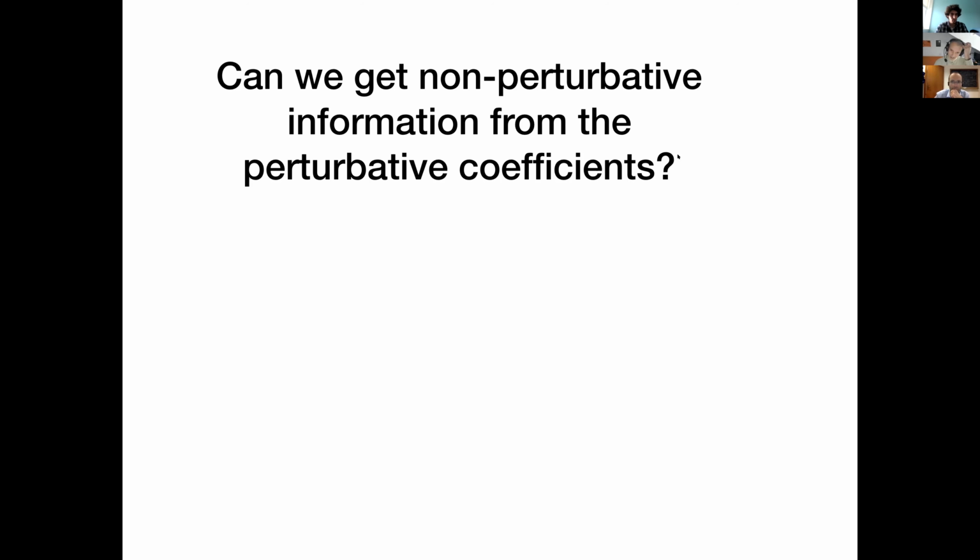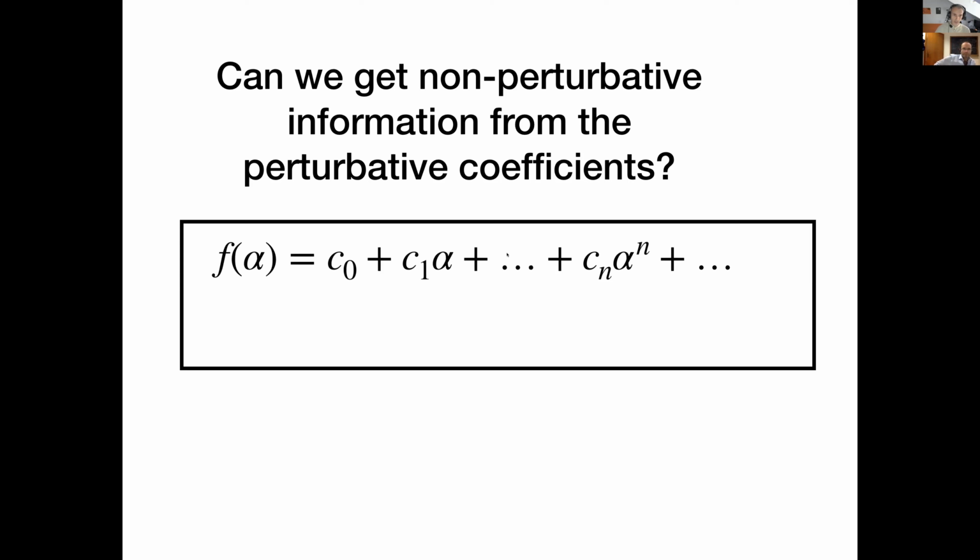Yeah. So to put it in a more mathematical way, I would like to take some physical observable, which is a function of the coupling constant, which I will denote by alpha. And then let's assume I can calculate these perturbative coefficients, C0, C1, and up to some large number.